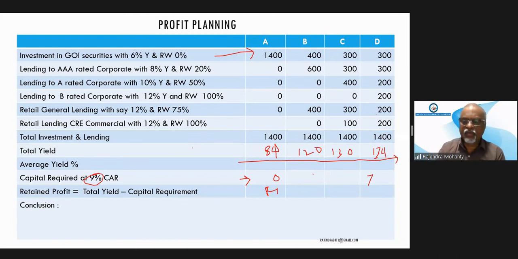So 130 means how much? 130 divided by 1400 into 100. So it is 9.28. Finally 134 divided by 1400 into 100, so here 9.57. So your average yield is increasing because you are entering into more risk region. When you enter that, the average yield is also increasing.